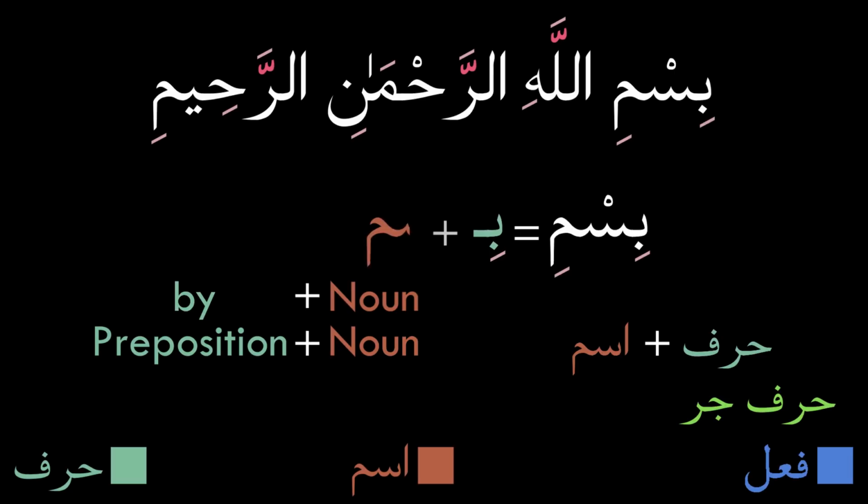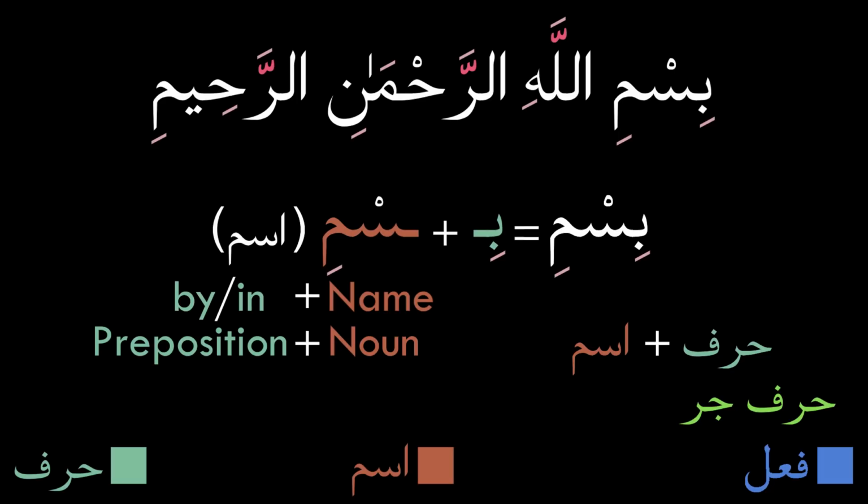The noun ism means name, like my name, your name. So the first word, bismi, means by name or in name. Notice that the noun ism after the preposition be has a kasra as a last vowel.